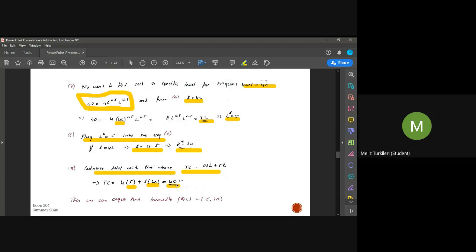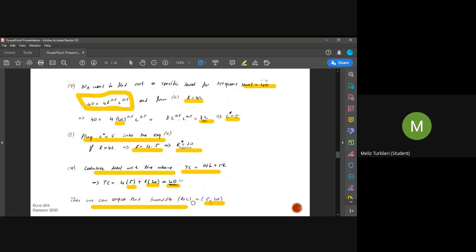I know that because in this step, I showed that my calculation and the bundle that I derived for labor and capital is true, because when I plug this information into the total cost function, I find the same level, 40, which is given in the question. So it shows that our calculations are true. Therefore, we can argue that the bundle which minimizes the cost should be equal to 5 for labor and 20 for capital.